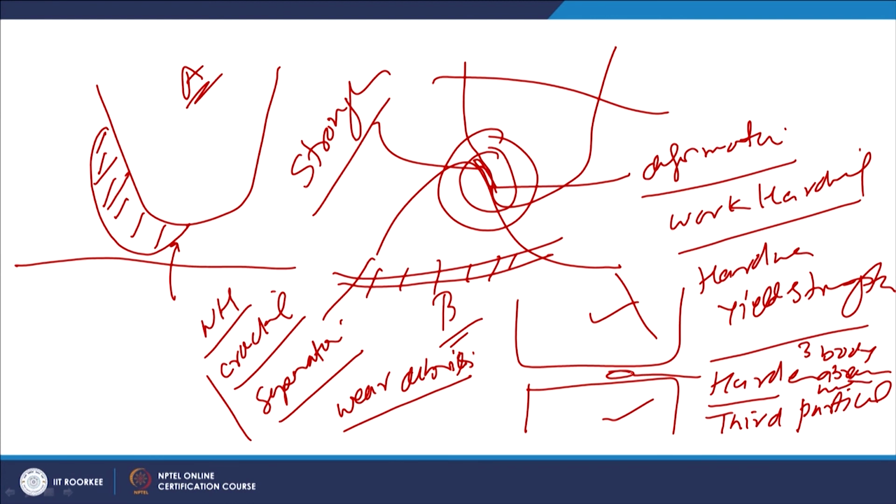Sometimes the formation of such particles between the two mating components leads to increased wear, and eventually it will be removed from the interface due to the continuous relative movement between the mating components. Whenever it is removed it comes out in the form of wear debris, which is normally in the form of oxides or black oxide powder.